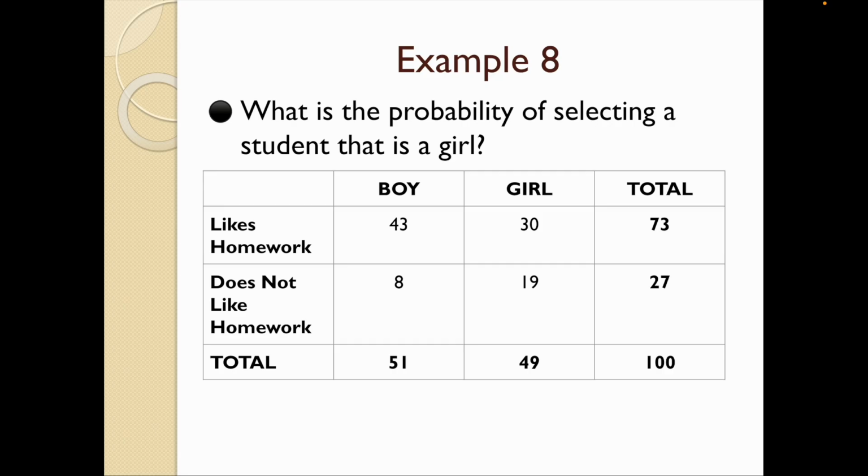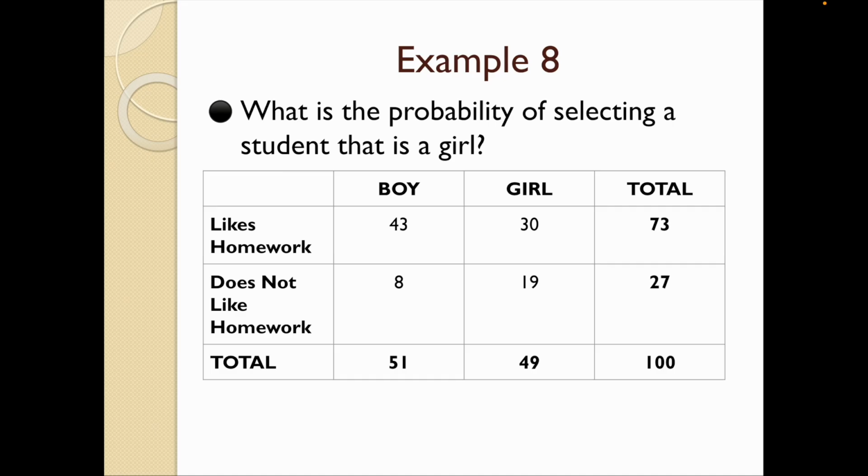Now, it says, what is the probability of selecting a student that is a girl? 49 out of 100. Anyone does not understand that? Make sense? Keelan, you understand?